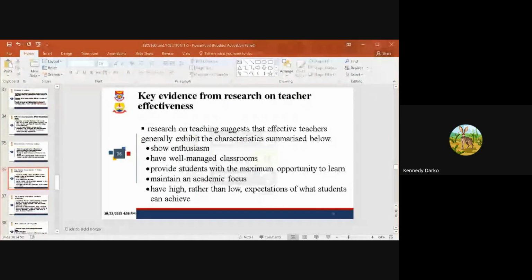If you're an effective teacher, this is what they say we do: provide students with the maximum opportunity to learn, maintain an academic focus, have high rather than low expectations of what students can achieve. So that is what research has proven, that all effective teachers come out with all these things.